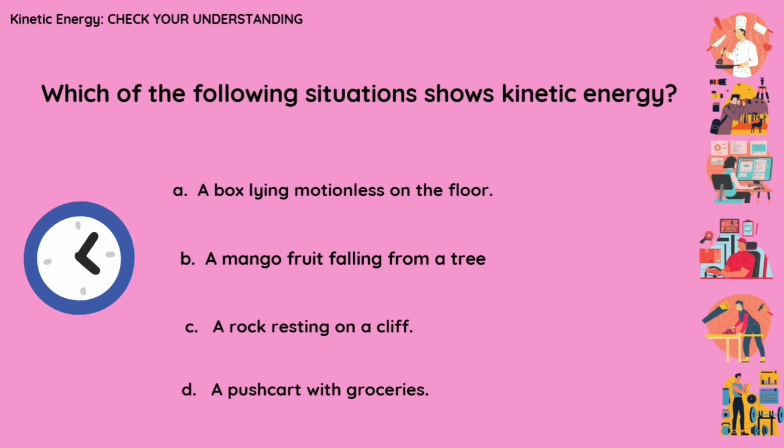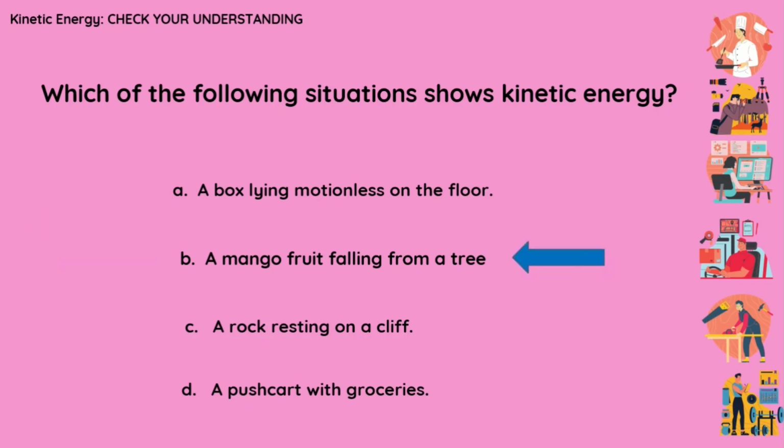Okay. If your answer is letter B, then you are correct. A mango fruit falling from a tree. Remember that kinetic energy is the energy of motion. Letter A, motionless. Yung box, nakalapag lang siya sa floor at hindi gumagalaw.